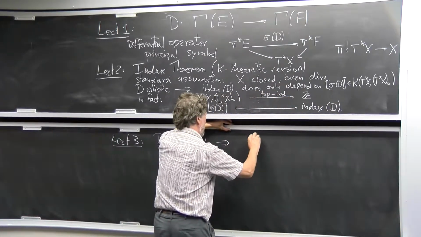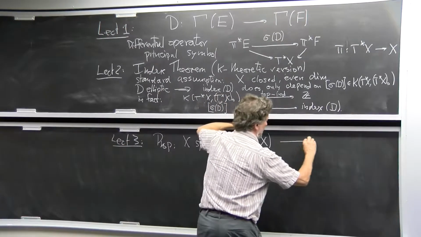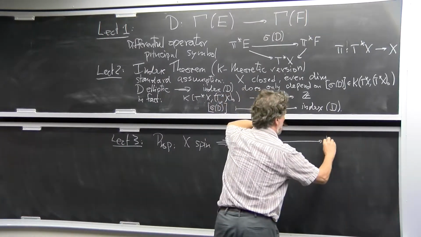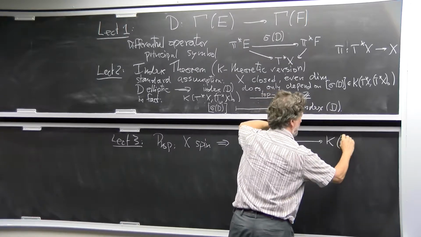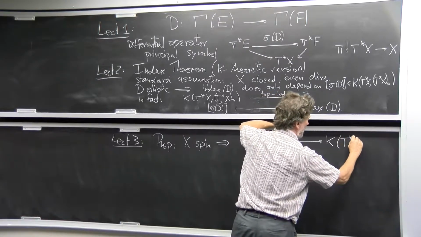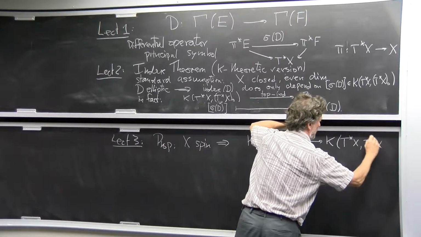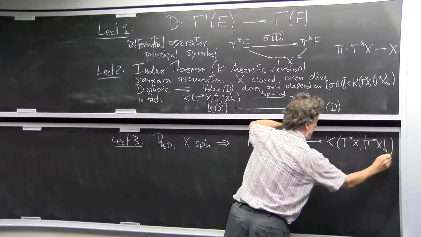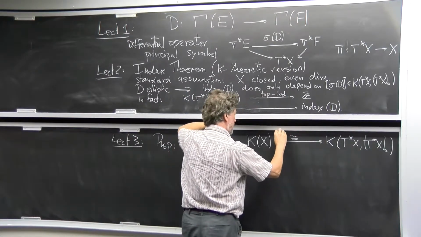Namely, there's a map from the K-theory of just the manifold X into the K-theory of the pair consisting of the cotangent bundle, comma, the non-zero vectors in the cotangent bundle. And this is the so-called Thom isomorphism.